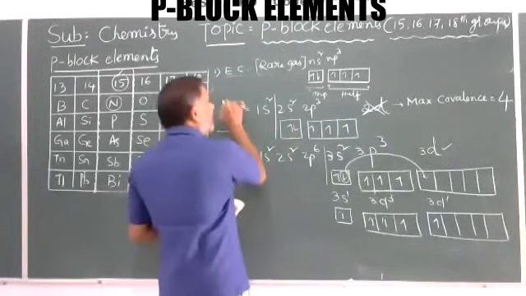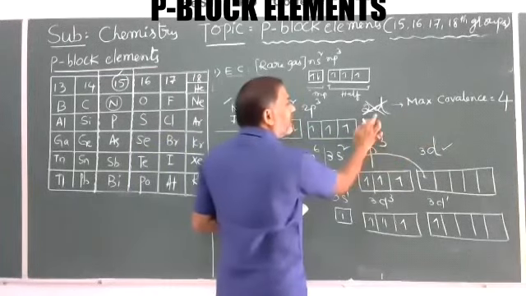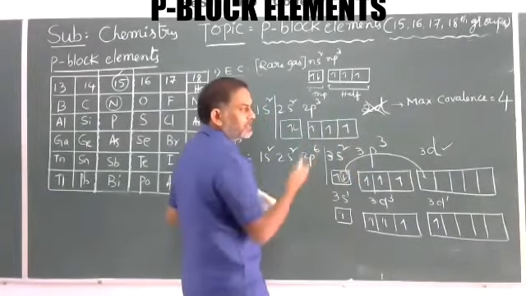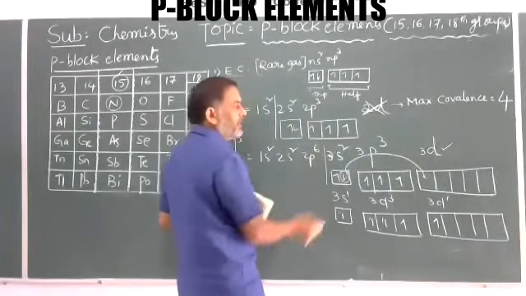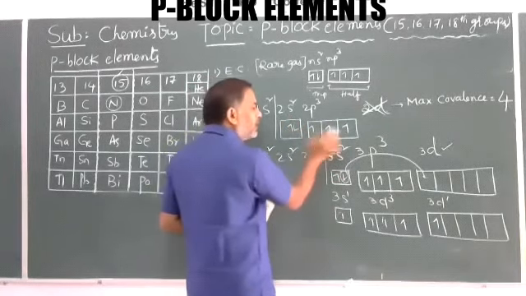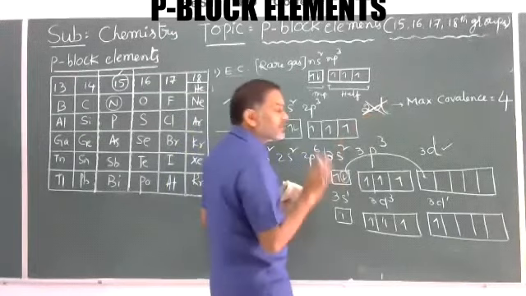That's why for nitrogen the maximum covalency is 4. That is due to the unavailability of d orbitals. First excitation cannot take place. Of the valence electrons, 1 pair is paired, and the remaining 3 unpaired electrons are involved. That's why covalency is 4.